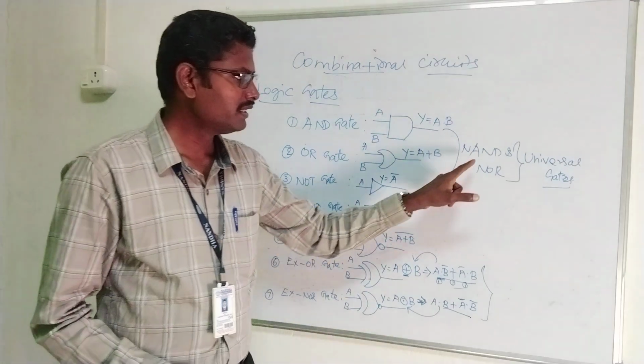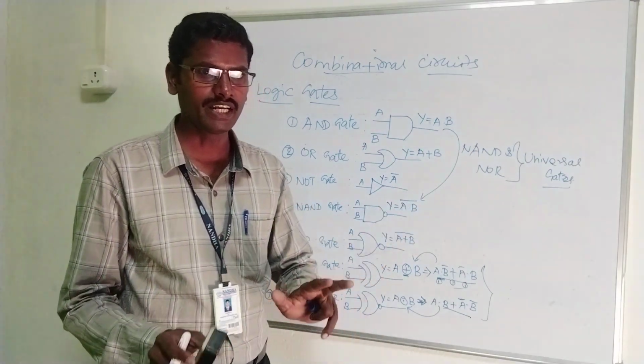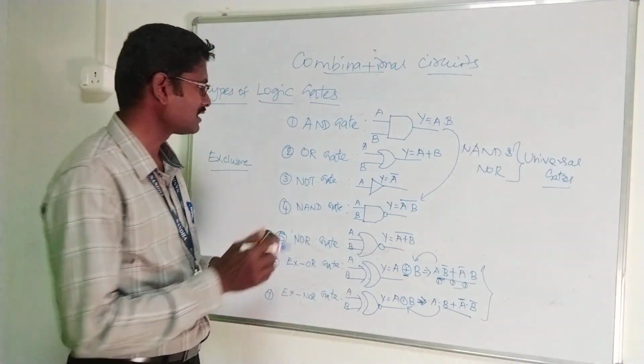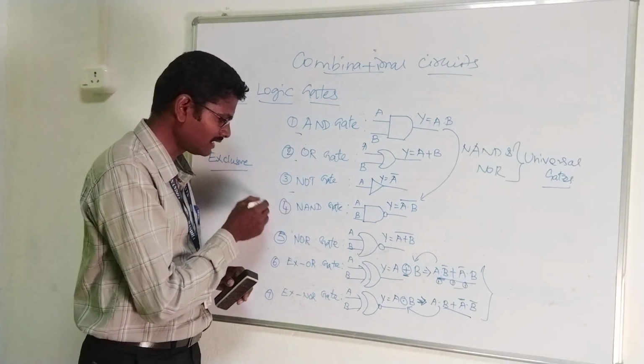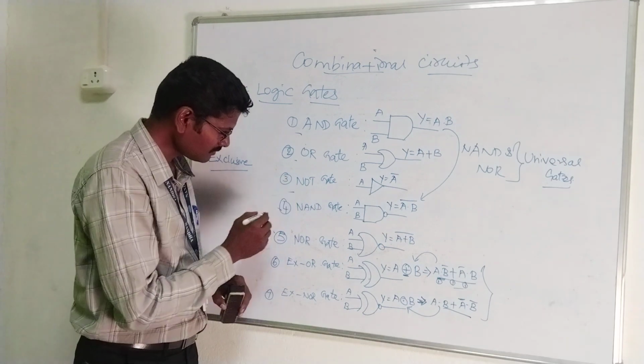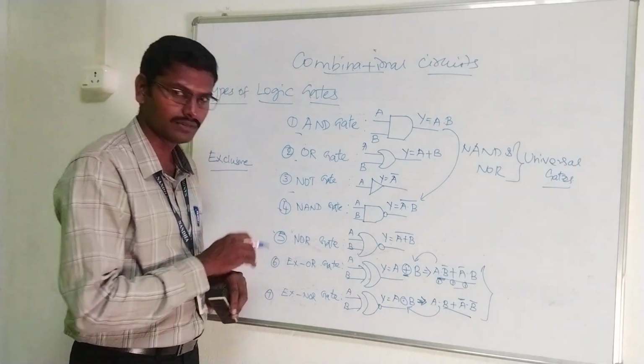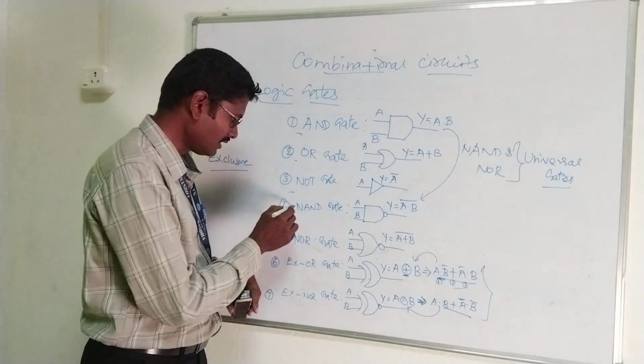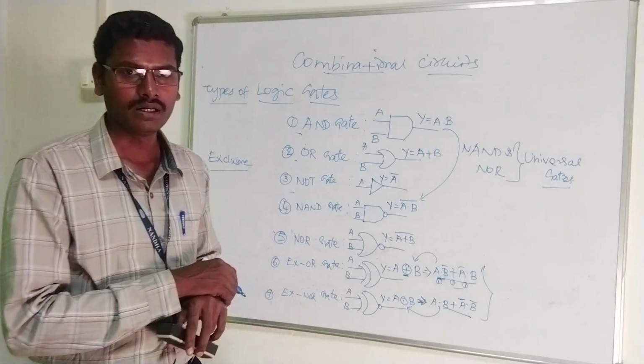We have only NAND and NOR gates. Assume this scenario, but we don't have the other gates like AND, OR, NOT, XOR and XNOR, right? We have NAND and NOR alone in our hand.